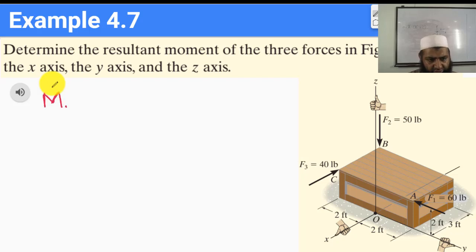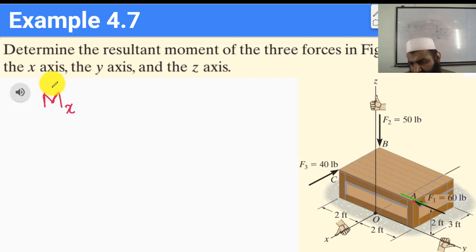So let's write it down. The moment about the x-axis due to all of these three forces. Let's start with this force F1, which is being applied here, but we want to find the moment of this force about this x-axis. So we look at the line of action of this force. Let me just draw a line.